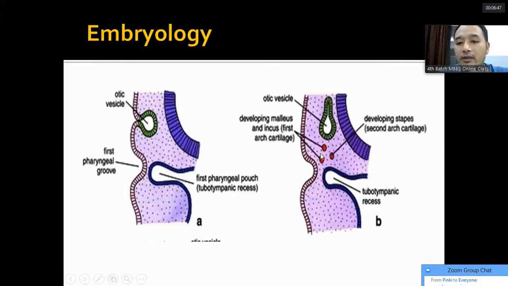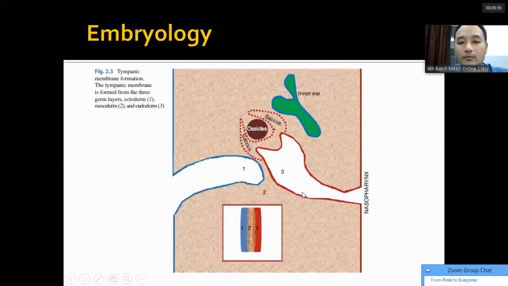These are the ossicles developing from the mesoderm of the first pharyngeal arch, Malleus and Incus. The Stapes arises from the mesoderm of the second pharyngeal arch. The first pharyngeal cleft and pouch give rise to the first pharyngeal membrane. That's why the tympanic membrane consists of all three germ layers: the ectoderm, the endoderm, and the mesoderm.